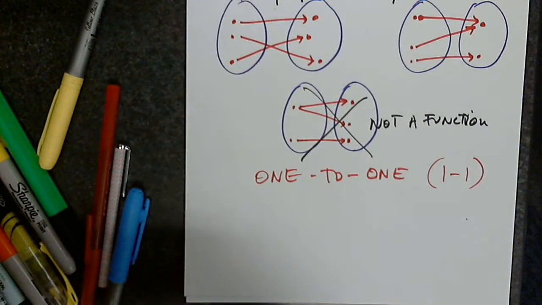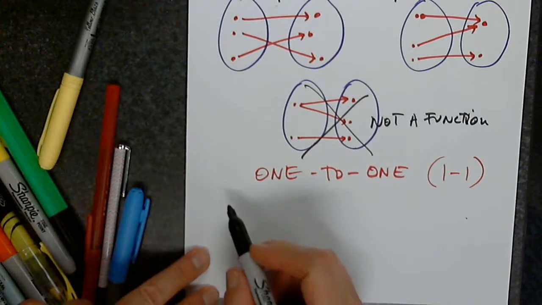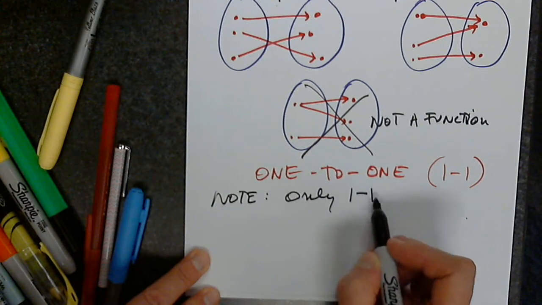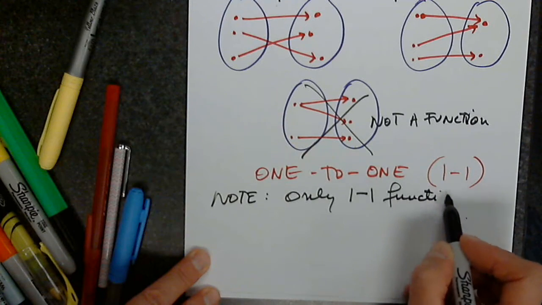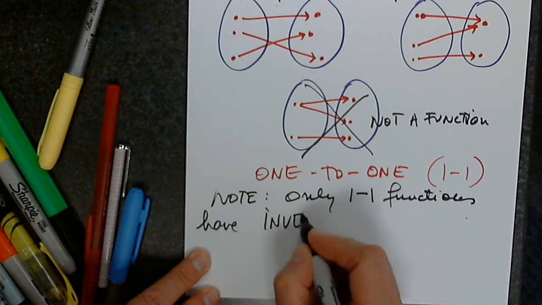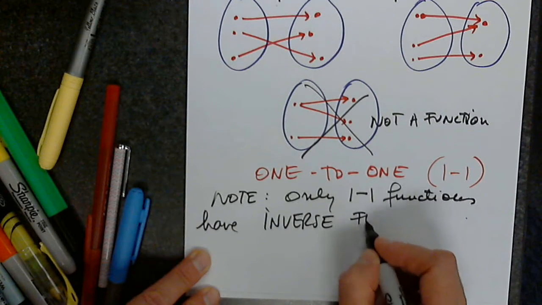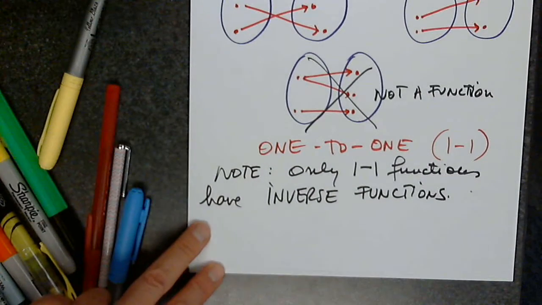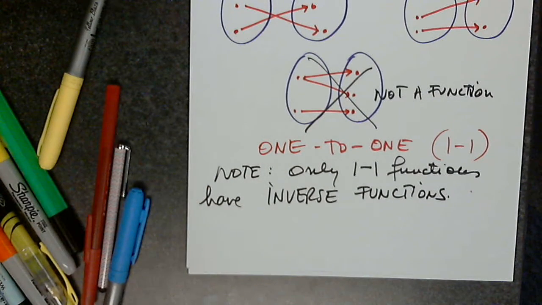So this is our first note here in section 12.2. Note, only one-to-one functions have inverse functions.